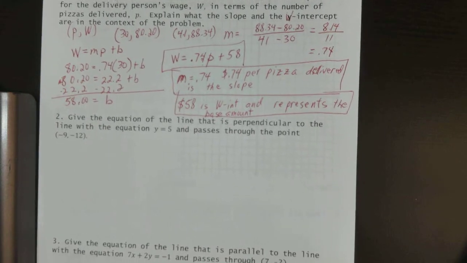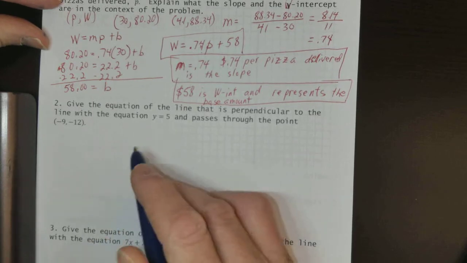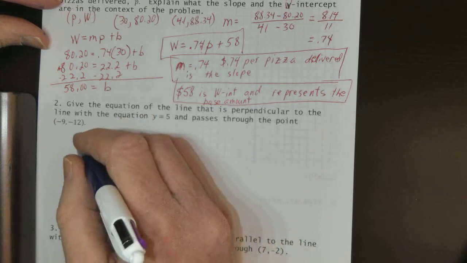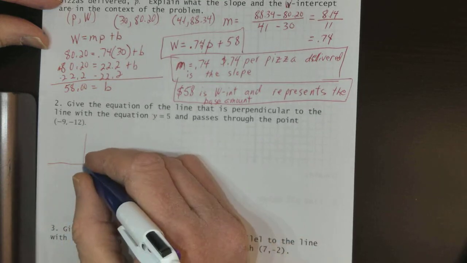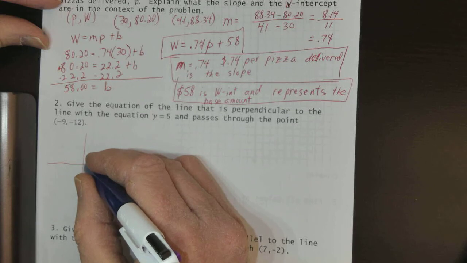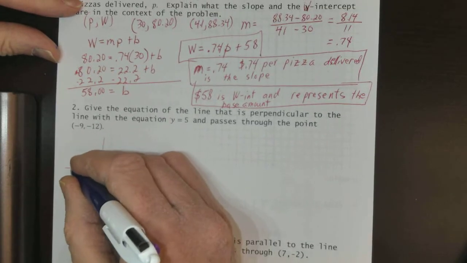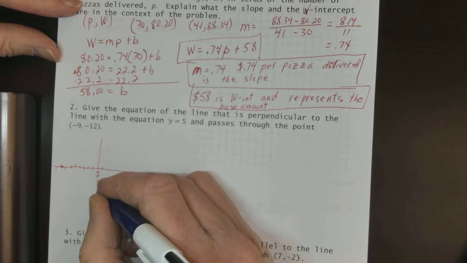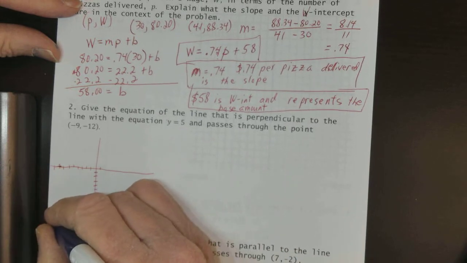Now number 2. It says give the equation of the line that is perpendicular to the line with equation y equals 5 and passes through the point negative 9, 12. So if I go negative 9, 12, 1, 2, 3, 4, 5, 6, 7, 8, 9, negative 9, and 12 is right here.